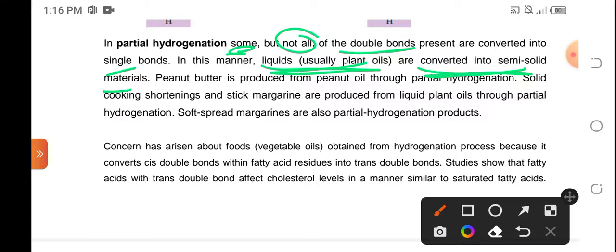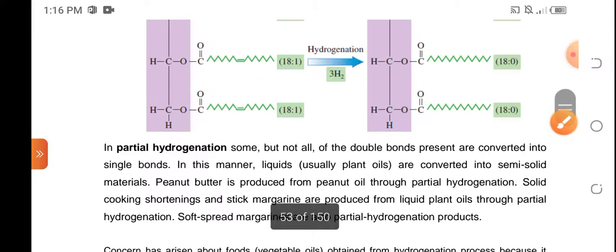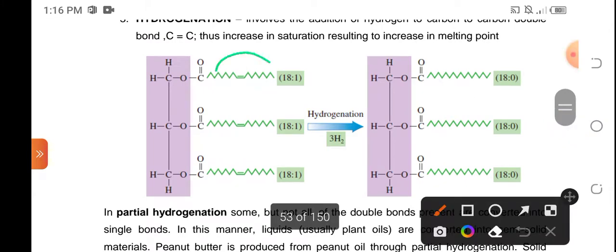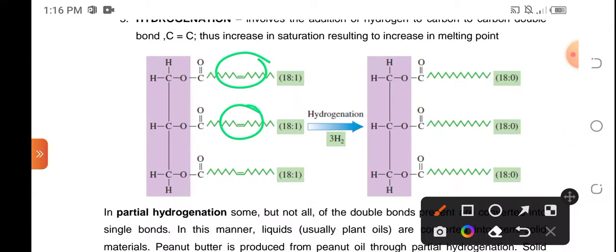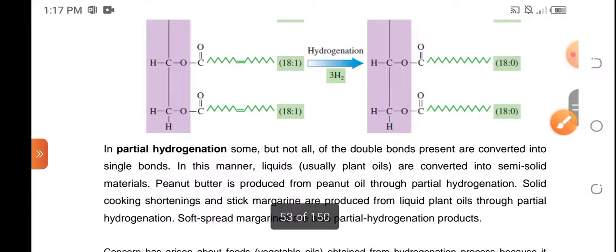Remember, if we could still recall, the lard or the fats wherein it prevalent sa kanya ay saturated fatty acids usually exist as solids at room temperature. Okay. Now, if we know that meron siyang unsaturated, of course, this could probably exist as liquid kasi mas lower ang melting point ng may unsaturated part.